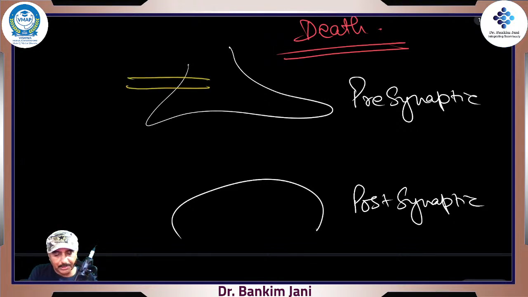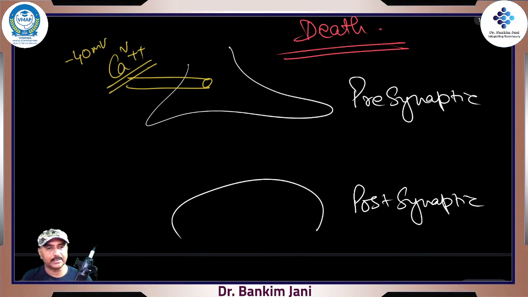Now see those calcium channels, those calcium channels which are opening at minus 40 millivolt, because these are voltage gated. What if they are blocked? When they are blocked, this is a presynaptic block.